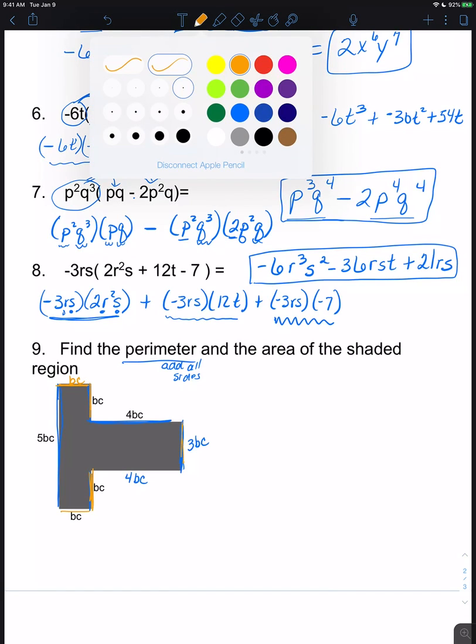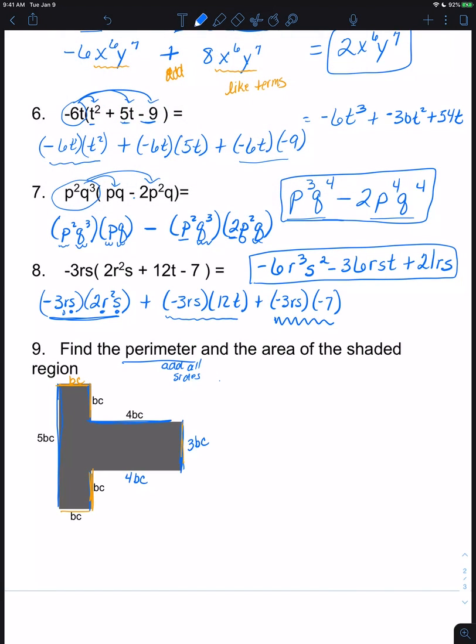So in order to find the perimeter, we're going to add all these up. I'm going to start at the top here and work my way around. So we've got BC plus another BC plus 4 BC plus 3 BC plus another 4 BC plus another BC, another BC, and 5 BC.